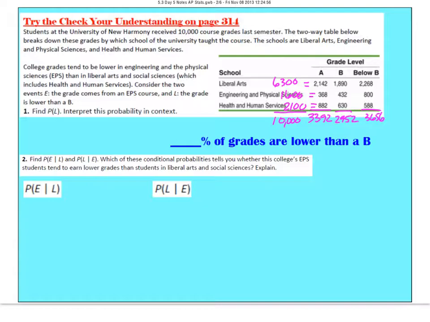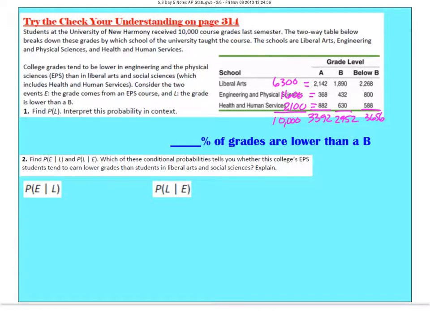Now here's what they want us to find. Event E, in this case, is that the grade comes from the EPS school, so the engineering and physical science. In L, the grade is lower than a B. Well, first question here, they want to know, find the probability of L. Find the probability that a grade is lower than a B. So, is this a conditional probability? No, this is just a standard probability.